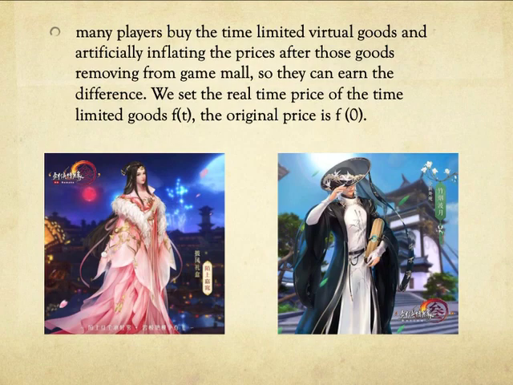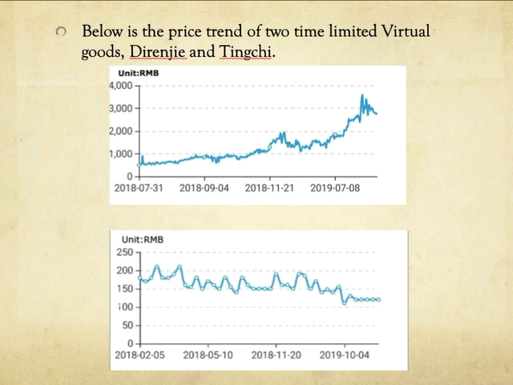We say the real time price of the time limited goods is FT and the original price is F0, which is the price when the time is 0, when the activity has not ended. Below are two graphs which show the price trends of two time limited virtual goods, Direnjian and Tingqi.